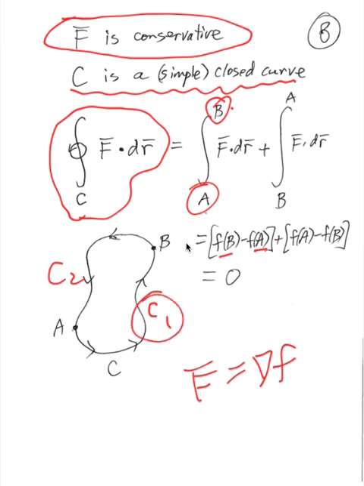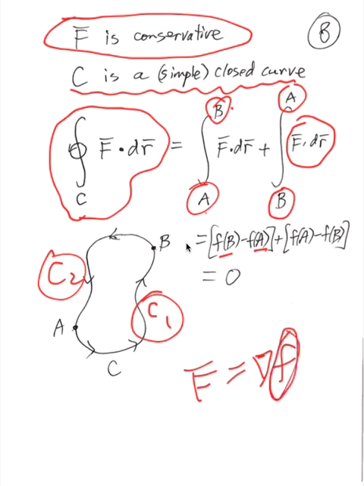Now what if I'm integrating over C2 instead? I'd be going from B to A, of this same form, right? But since, once again, this is a potential field or a conservative field, I just have to evaluate that potential function at the endpoints and take the difference.